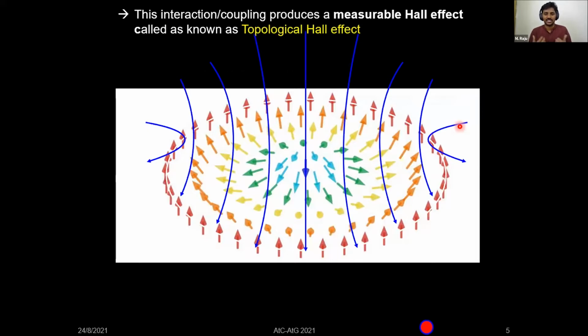Such coupling between charge carriers and spin textures produces a measurable Hall effect, which we call the topological Hall effect, which is unique to the skyrmion twisting. It behaves as though the skyrmion itself is producing a magnetic field, as compared to the external magnetic field one would apply in a normal Hall effect.